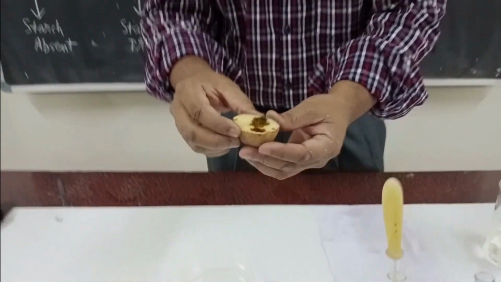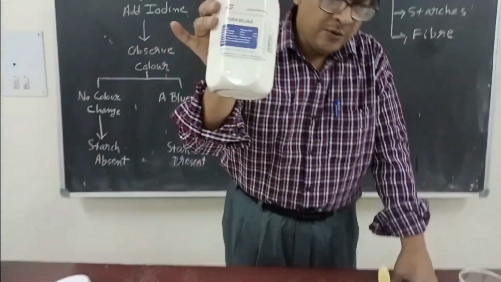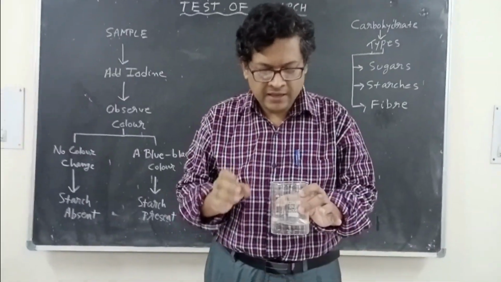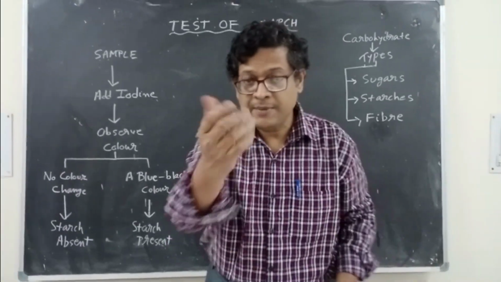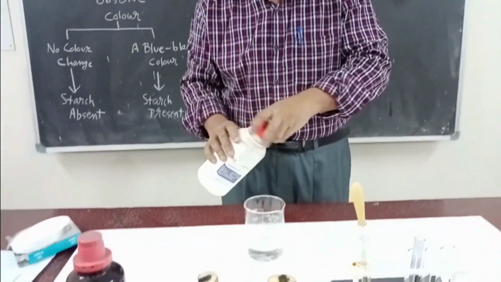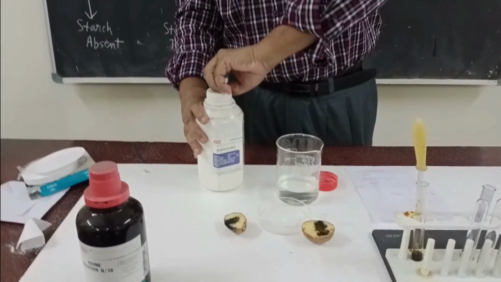The potato contains starch and this is the starch. Soluble starch is what we use in the laboratory. Now to observe the color, actually in a test tube it is very difficult to observe when we are making the video. So again I make the starch solution in distilled water, now in a beaker, not in a test tube.